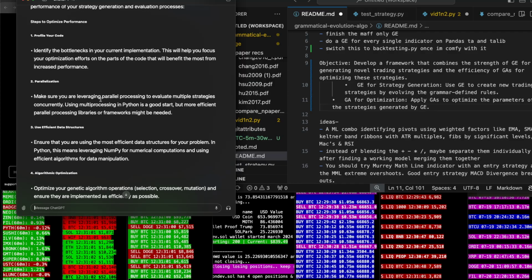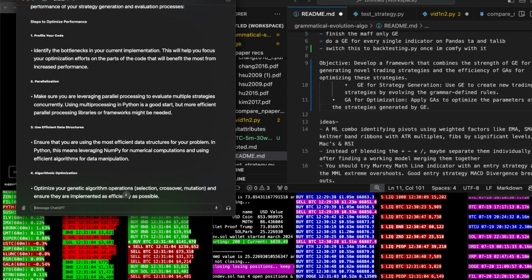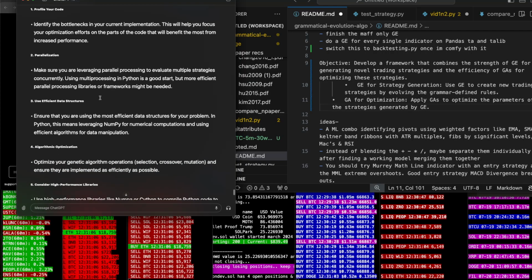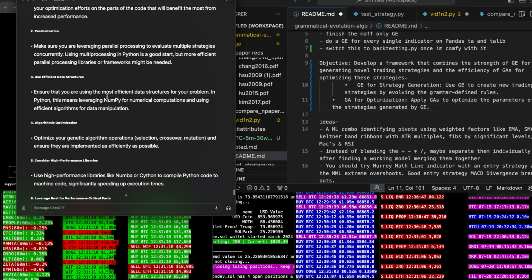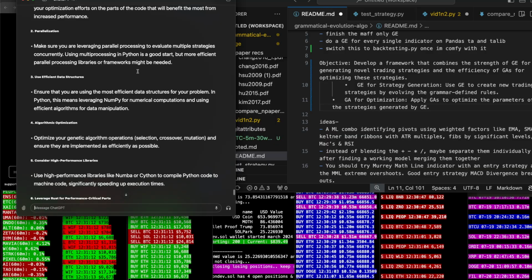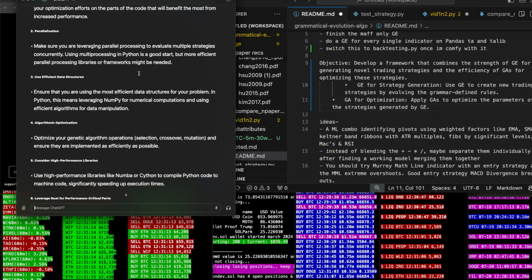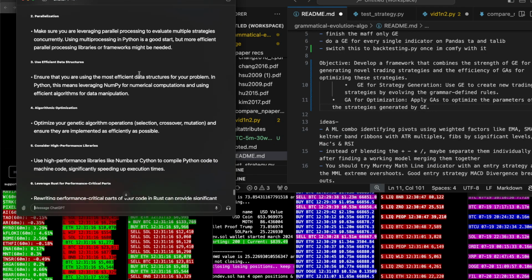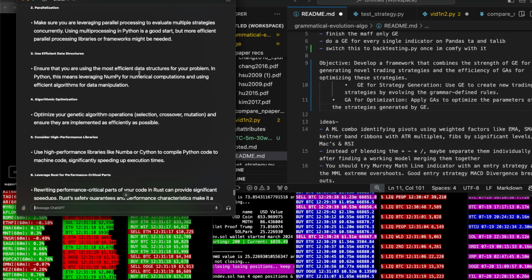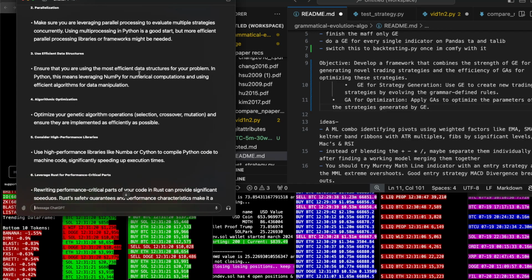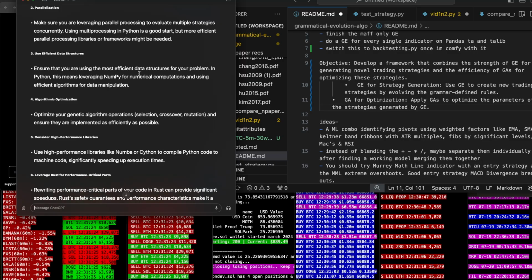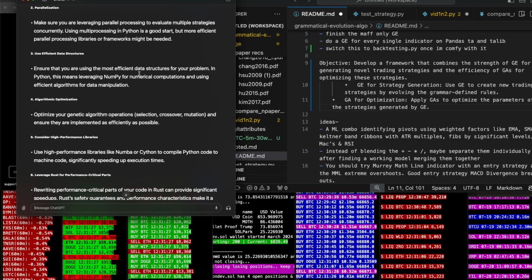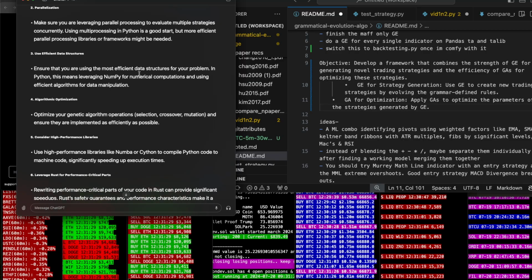This will allow you to focus your optimization efforts on the parts of the code that will benefit the most from increased performance. Make sure you are leveraging parallel processing to evaluate multiple strategies concurrently. Using multi-processing in Python is a good start, but more efficient parallel processing libraries or frameworks might be needed. Use efficient data structures.